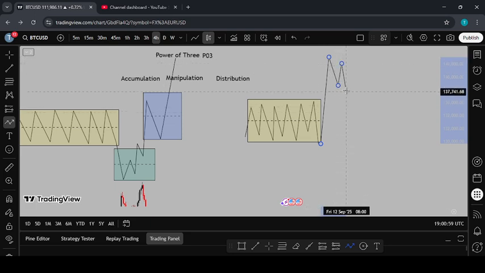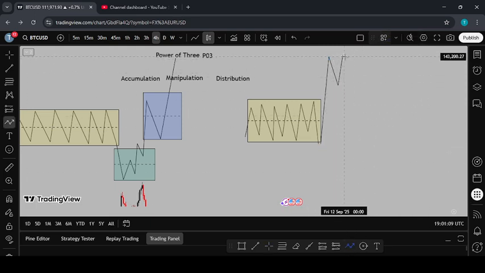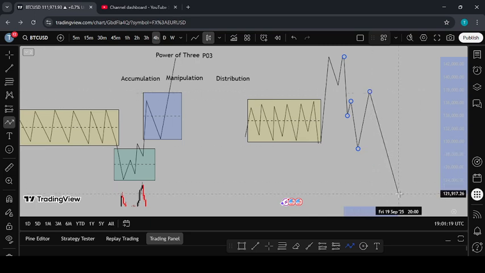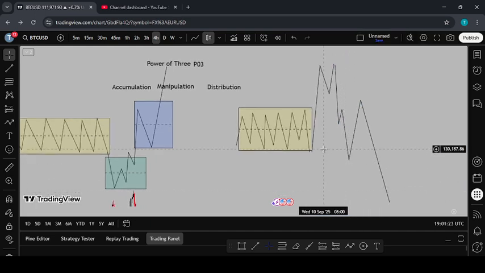Then all of a sudden you can see moves like this can just happen, to pull price back, to sweep the lows, right? Manipulates, then there'll be a pullback, then market distributes to the downside. You can see this happen all over again in charts.